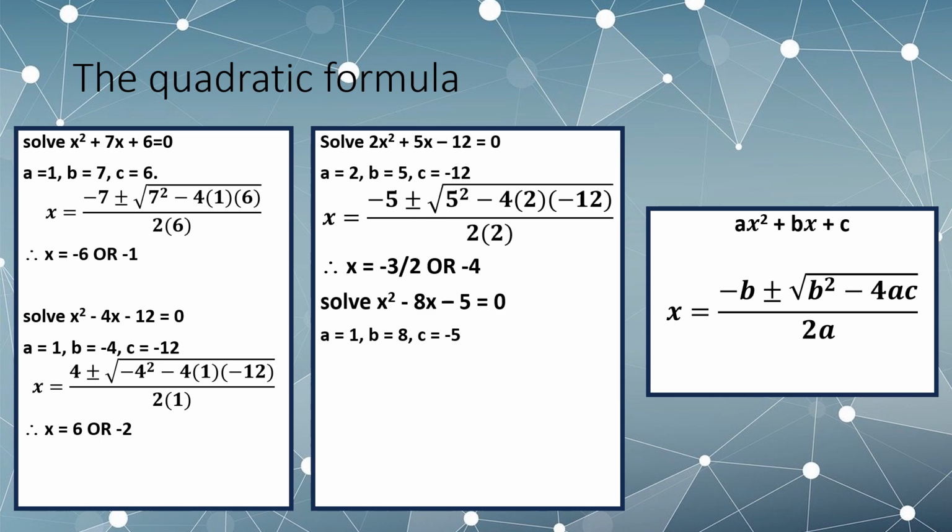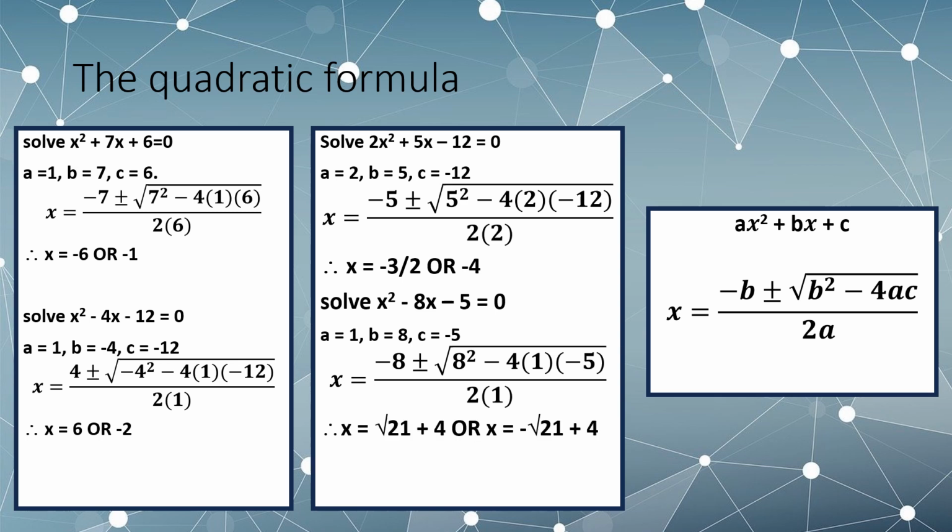So x is equal to negative 8 plus or minus the square root of 8 squared, subtract 4 multiplied by 1 multiplied by negative 5 over 2 multiplied by 1. Plugging that into your calculator, you'll get x is equal to square root of 21 plus 4, or x is equal to negative square root of 21 plus 4.